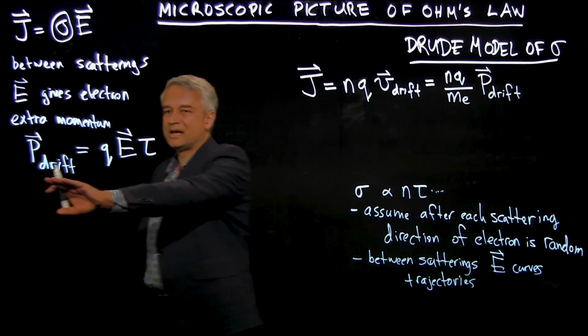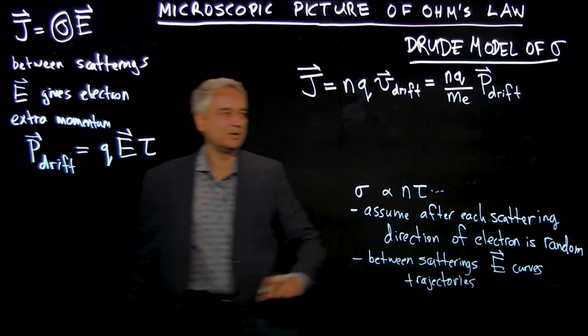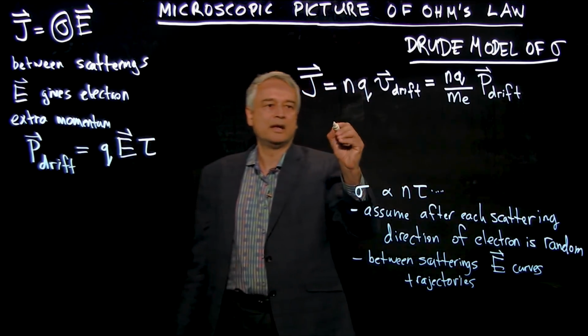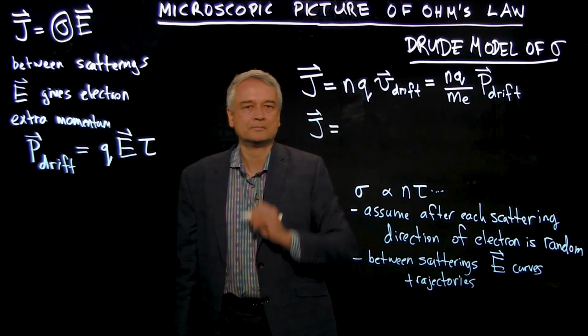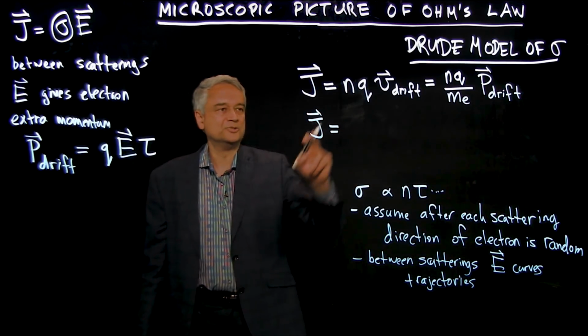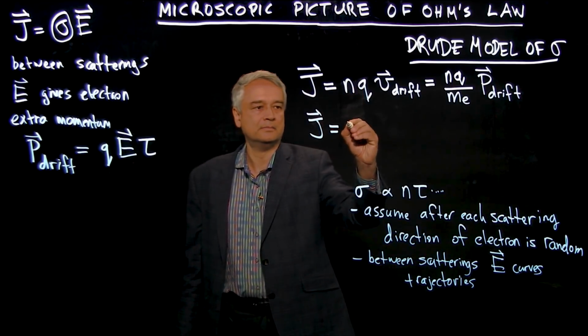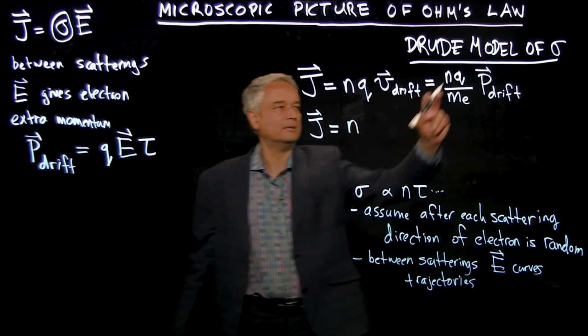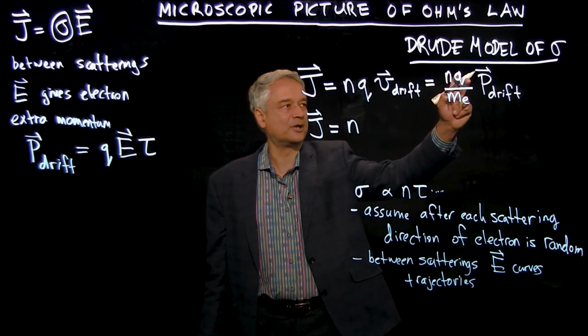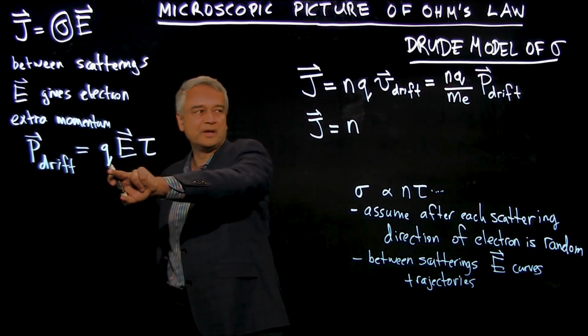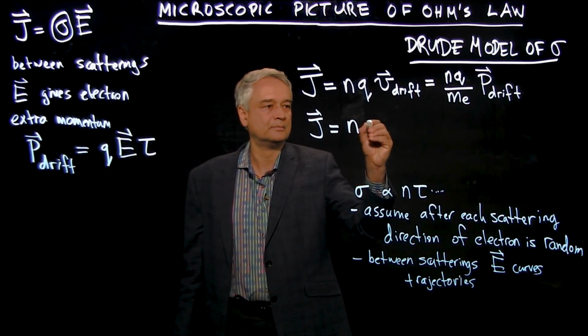And now I take my result for P drift from over here and I substitute it in there, and I get a result for J. Let's see what I get. So J is N, a Q, and another Q from here. So that gives me Q squared.